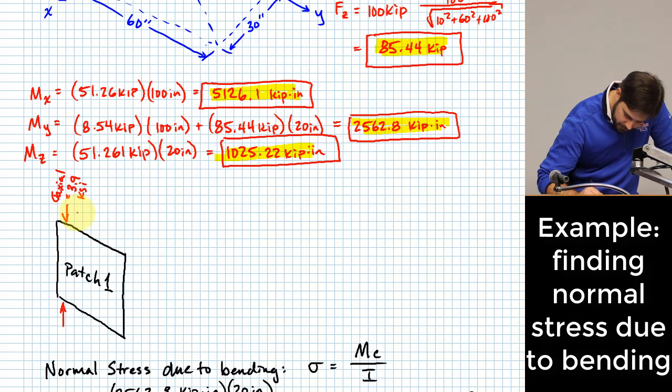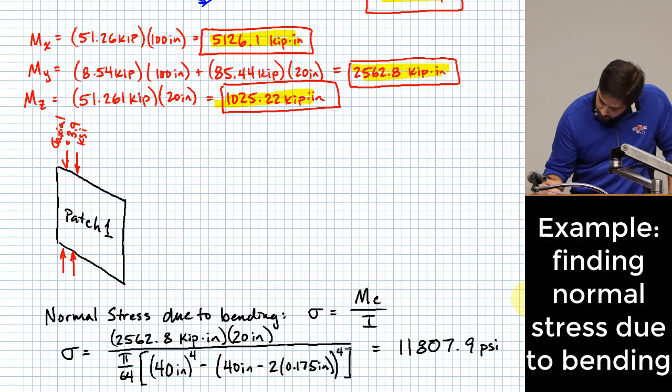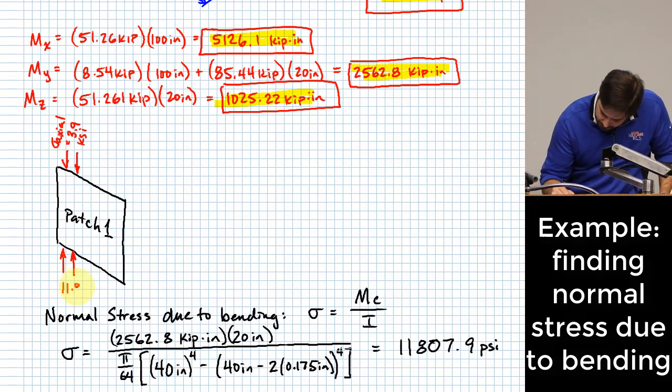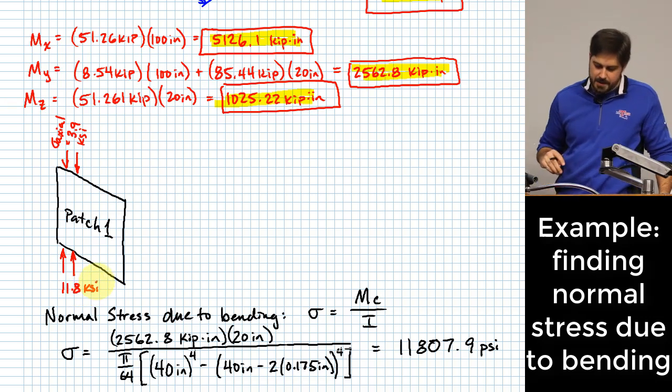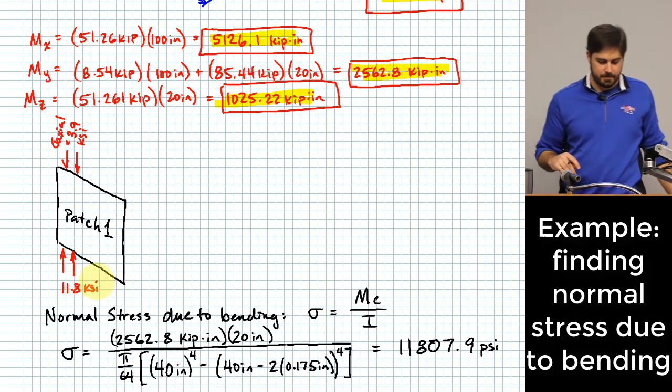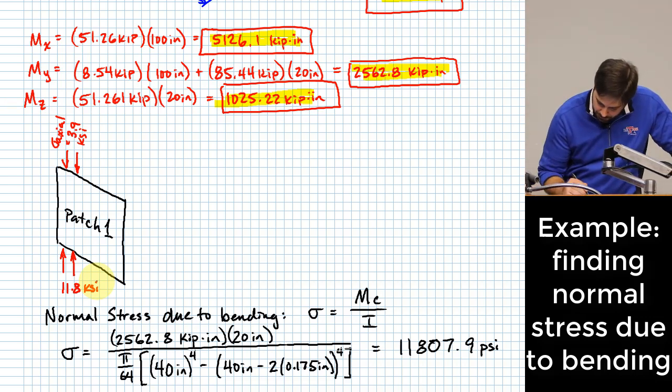All right, tell you what, I'll write this one down here. 11.8 KSI compressive stress. And this is due to flexure.